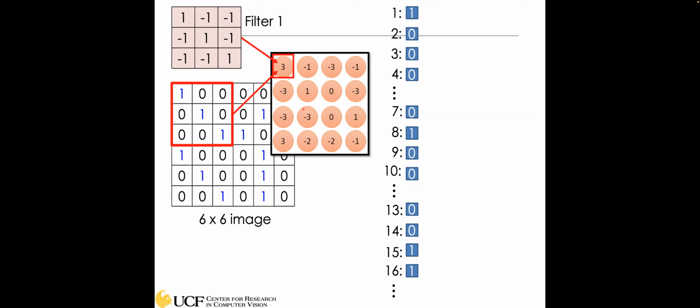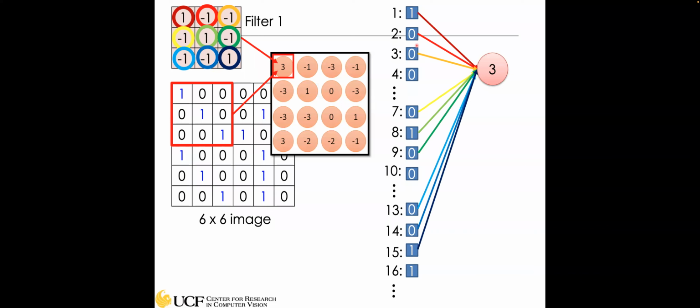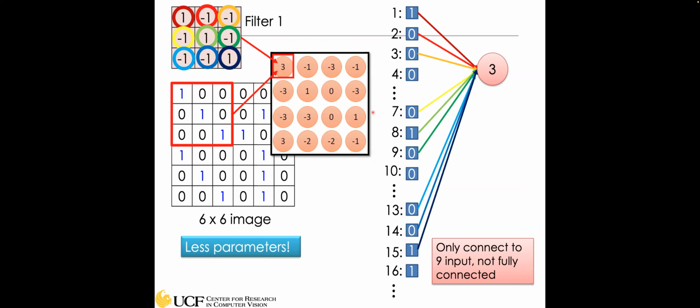For this particular element in the feature map, it is connecting to only 9 pixels in the original image. These are the indices of these pixels, so you can pinpoint which pixels this particular neuron is connecting to. For a 3 by 3 kernel, we are only connecting to 9 pixels of the input image. That's fewer parameters to process compared to the fully connected layer, which connects to all the pixels.